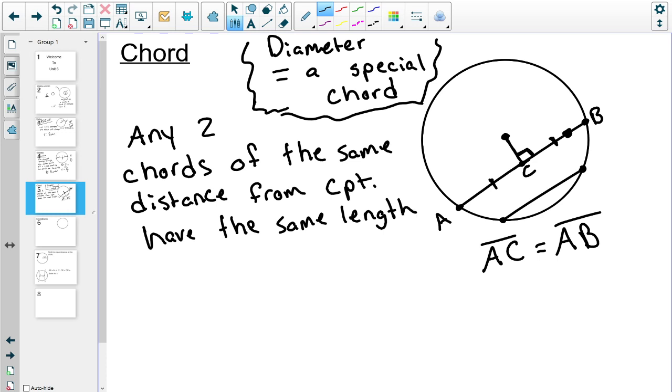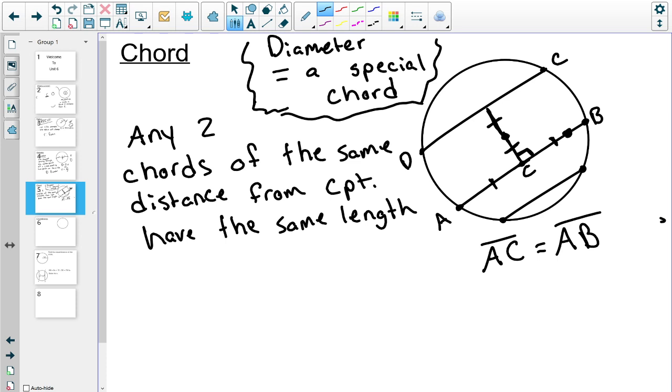So let's look at what we have over here. Let's say you have another chord coming here, and let's say they're both the same distance from the center point. We'll call this one DC.